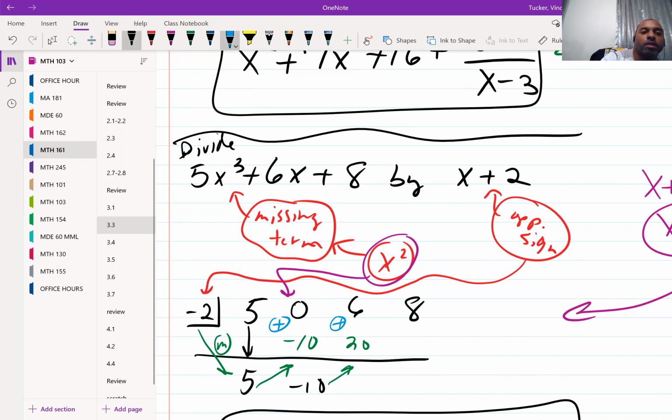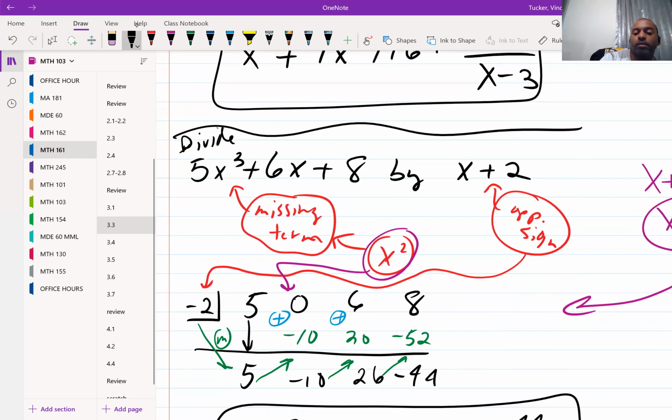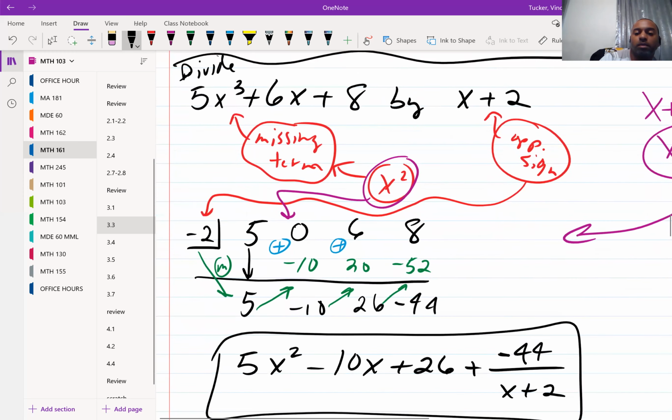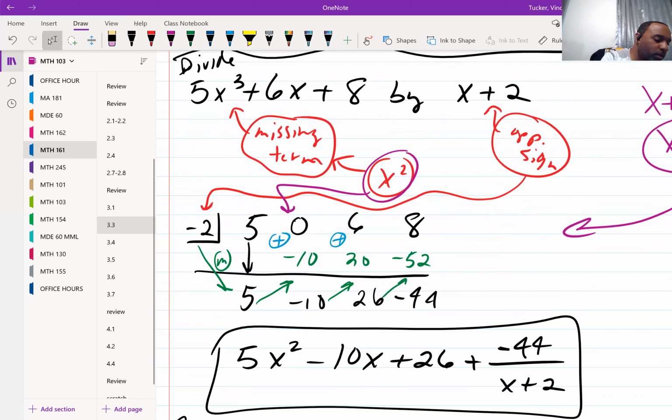Add them together. 26. -2 times 26 is -52. 8 minus 52 is -44. And that's our answer.